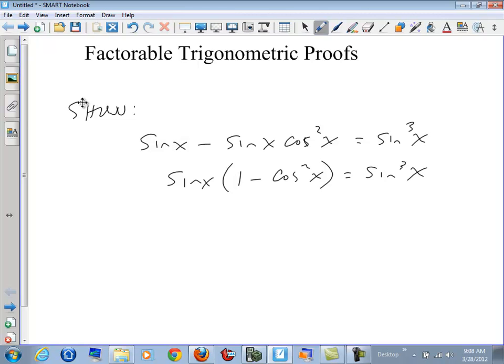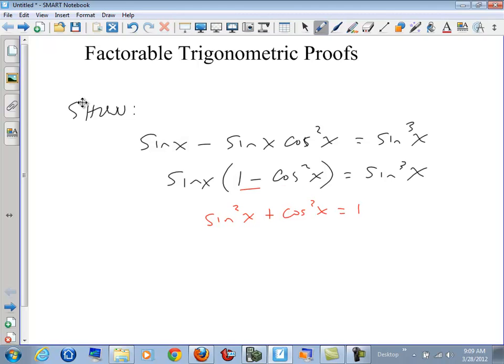Now I have the sine of x times the quantity 1 minus cosine squared. And we need to go to our Pythagorean trigonometric identity that sine squared of x plus cosine squared of x equals 1.